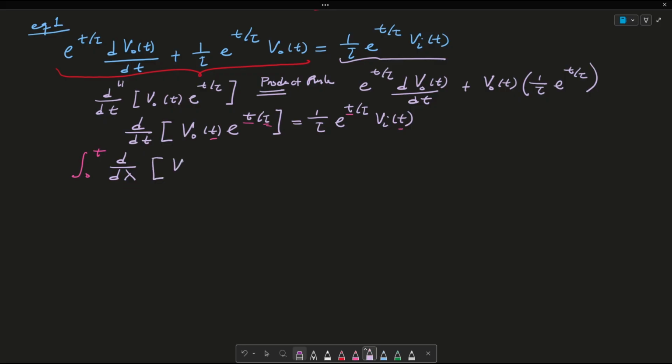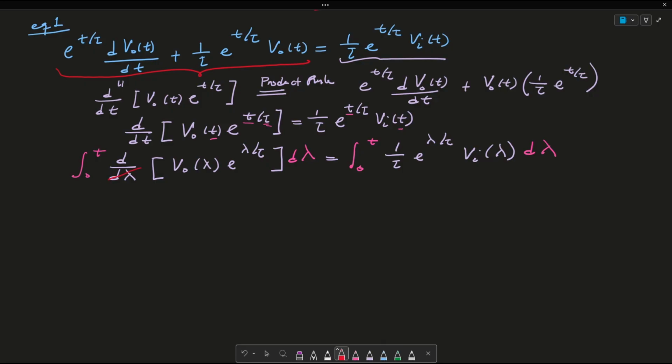So now this becomes Vout(lambda) e^(lambda/tau) d lambda, which equals the integral from 0 to t of 1 over tau e^(lambda/tau) Vi(lambda) d lambda.